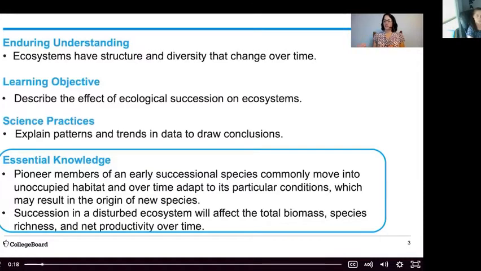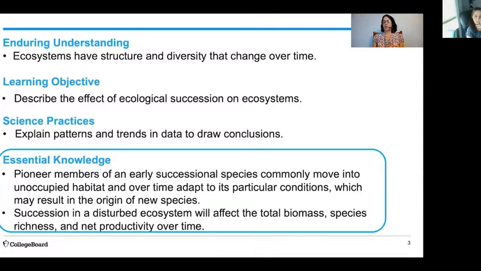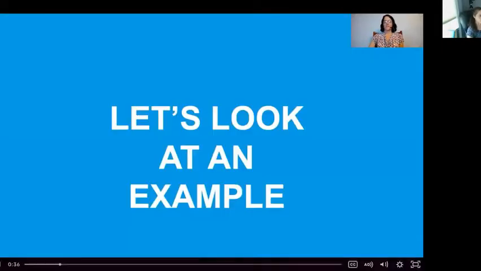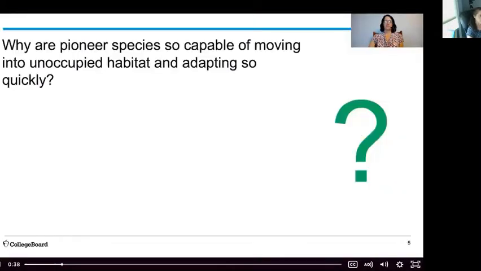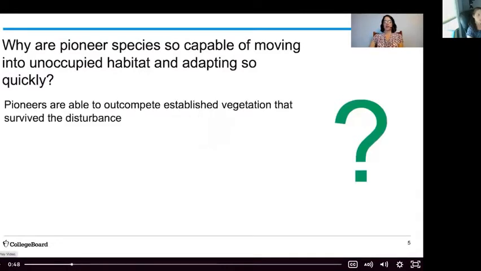Whereas in the first section on ecological succession, we learned what primary and secondary succession were, today we're going to look at what happens in a disturbed area in terms of the amount of biomass, richness, and productivity, and how those changes set the stage for new species to come in. Let's take a look at an example. The first question we're going to ask is, why are these pioneer species so capable of moving into unoccupied habitat and adapting so quickly?